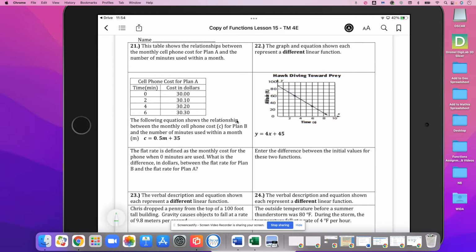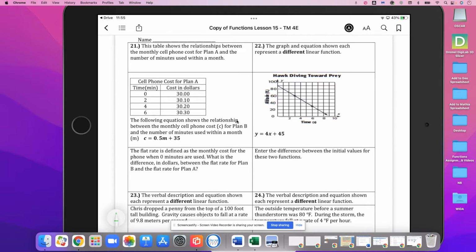So the table and the equation are each representing different cell phone plans. We're told that the flat rate is defined as the monthly cost for the phone when 0 minutes are used. So that's like the initial value. What is the difference in dollars between the flat rate for plan B and the flat rate for plan A?